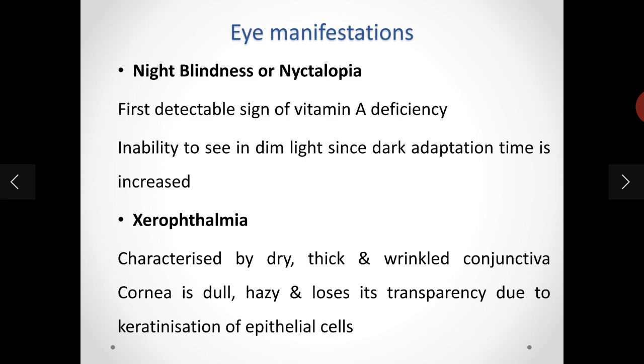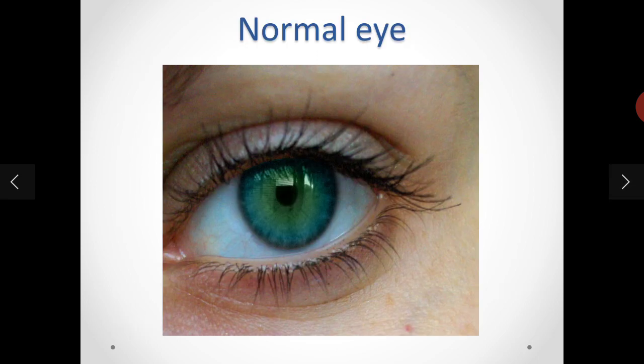Here the person cannot see in dim light or at night times, due to increased dark adaptation time. And xerophthalmia, which is characterized by dry, thick or wrinkled conjunctiva. Here the cornea will be dull, hazy and loses its transparency due to keratinization of epithelial cells.